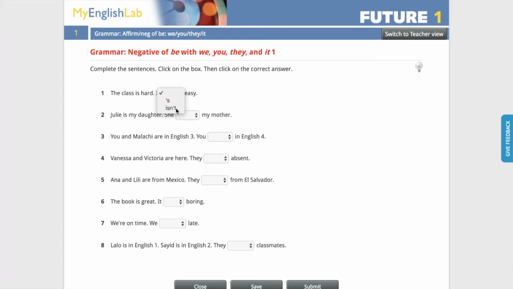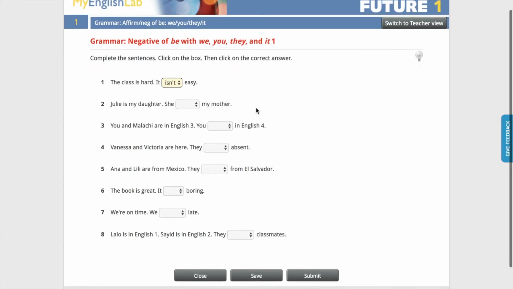Not easy. So we have to choose not easy because it's hard. Hard is the opposite of easy. Okay? You may not have realized that until now. So the class is hard. It's not easy, believe me. Okay, let's move on. Number 2.